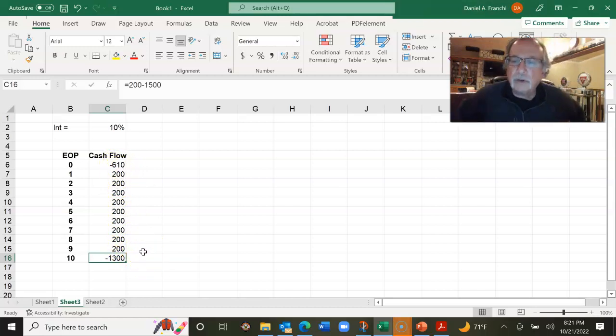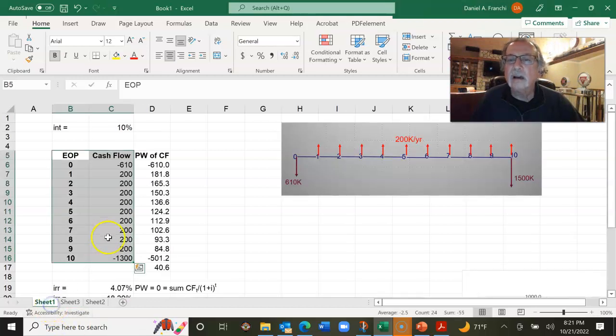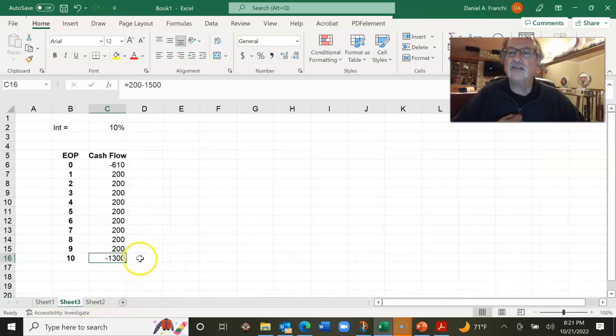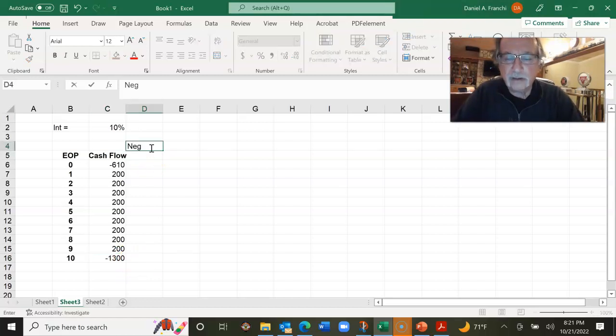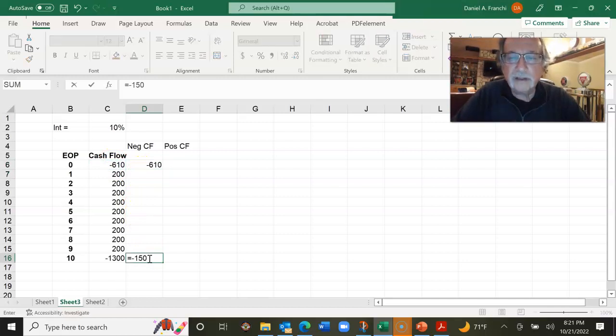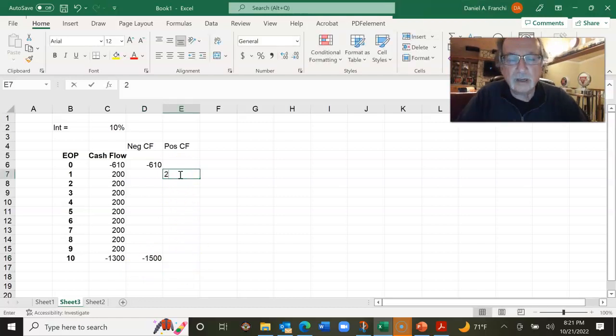If you recall, we had 200,000 positive, 1,500 negative. So we have our negative cash flows and our positive cash flows. This is going to equal negative 1,500, and the positive cash flows are all going to be 200.